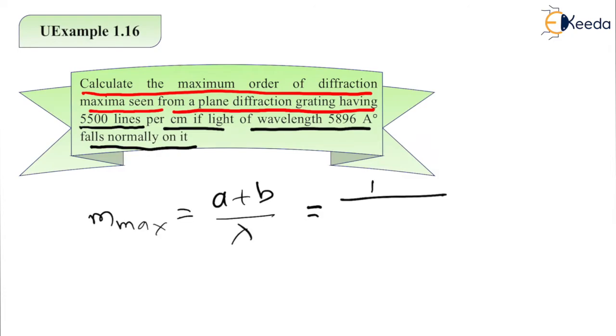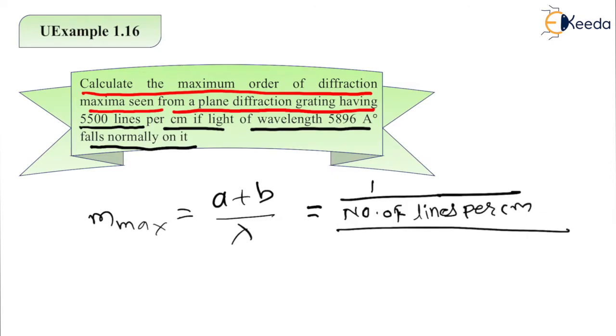It is 1 upon the number of lines per centimeter, and then divided by lambda. So put the value and find M max. So can I say 1 upon number of lines, which is 5500, into lambda, because this will come to multiply the lambda.